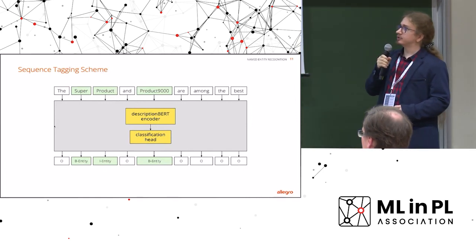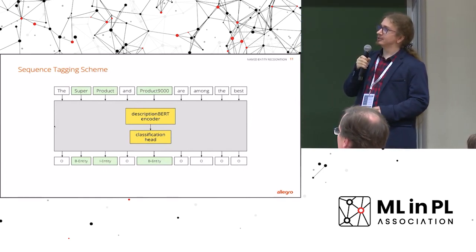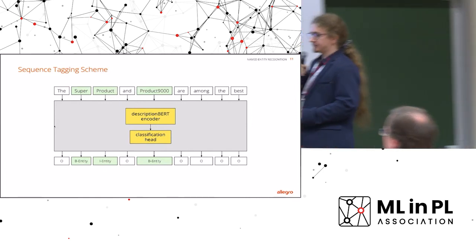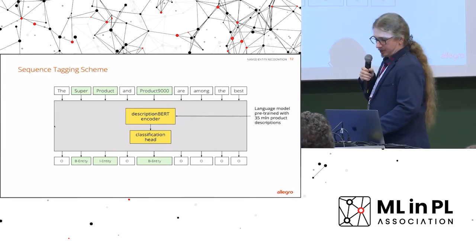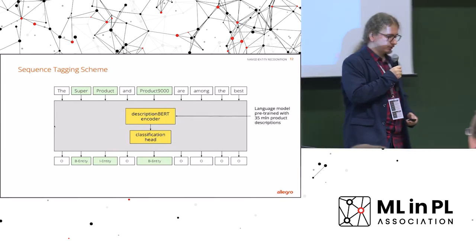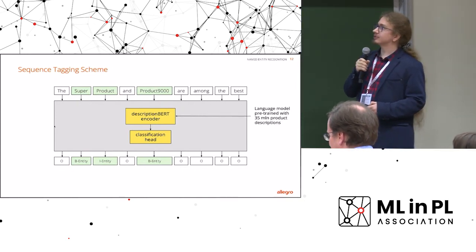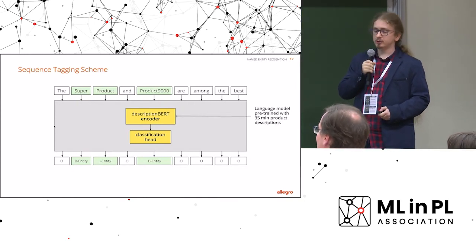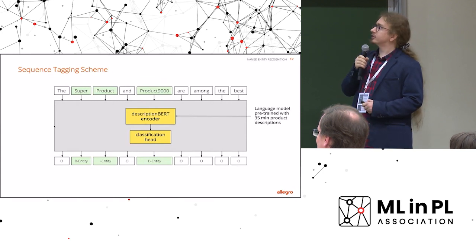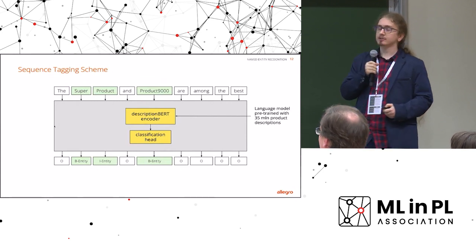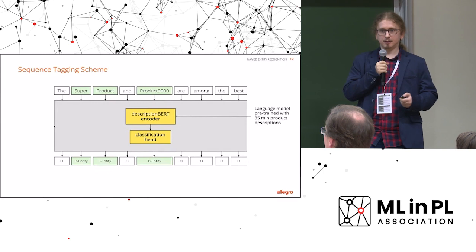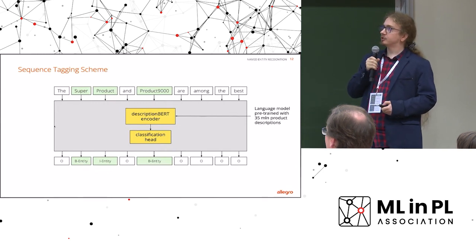Now you might be interested in this middle part. When it comes to this classification model, we first of all pre-trained our own BERT language model. We took, as you can see here, around 35 million product descriptions from our own data, and we pre-trained this masked language model with this data.